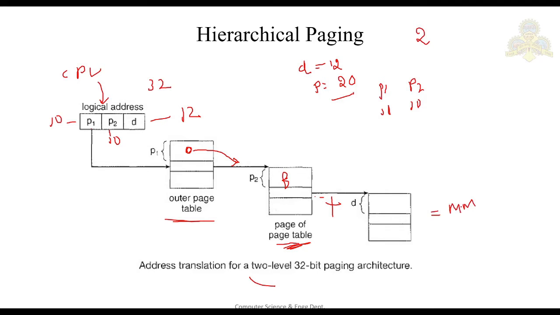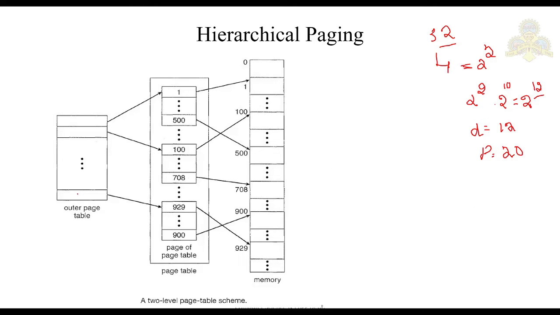So let me just go back to the previous slide. Whatever you can see here, this is your outermost page table, P1, and this is the inner page table, or page of page table, which is P2. So here we have two tables. The first one takes the address as an input and generates some offset.